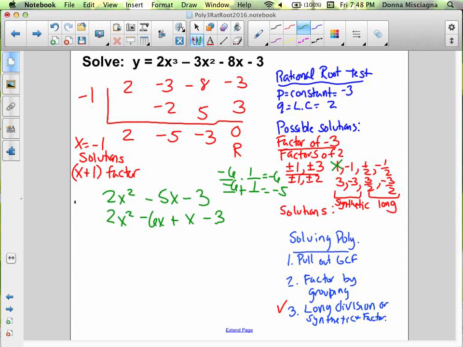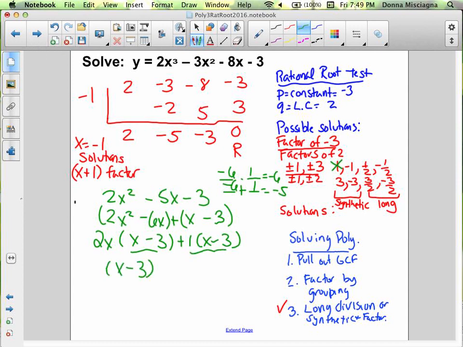That's how we get -5x. So the first 2 are a group, the second 2 are a group. We can factor out a 2x. That'll divide evenly into both of them. 2x squared divided by 2x is x. -6x divided by 2x, that's -3. And only common factor here is a 1. Right? So we can factor out the repeating x minus 3.